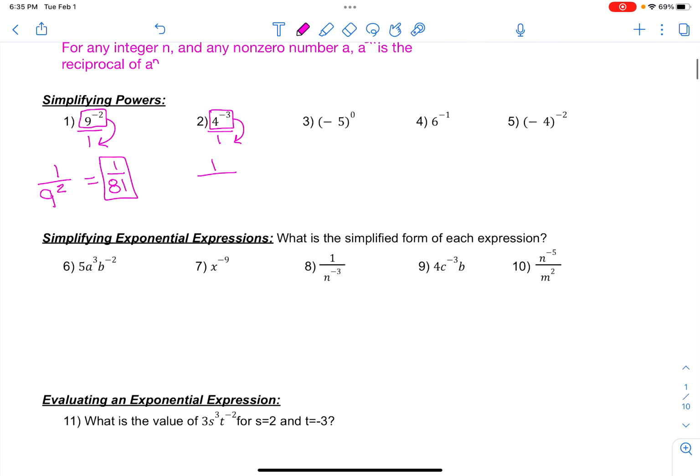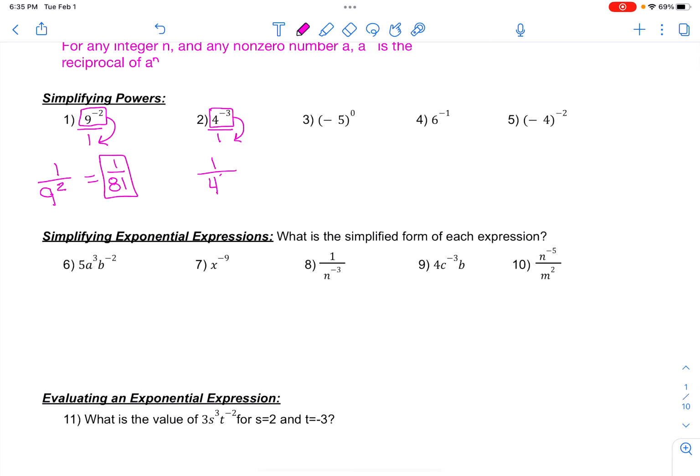And now that we've moved this to the bottom, our exponent becomes positive. And then our last step is just to simplify 1 over 4 to the third. So we just do 4 to the third. Remember that is 4 times 4 times 4, which gives us 64.